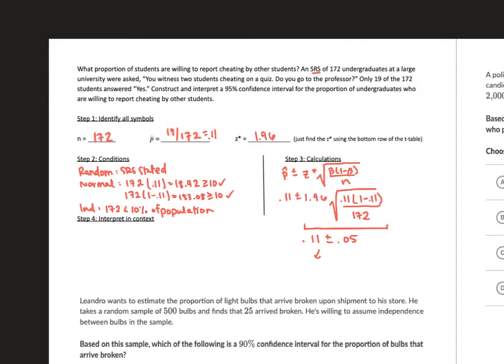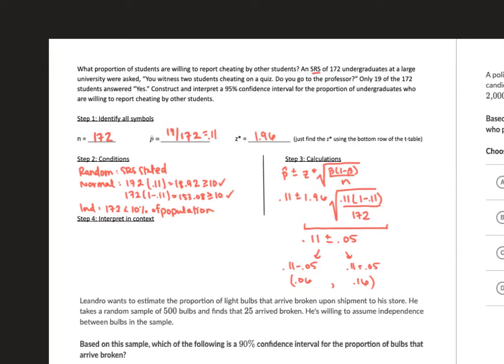So we're going to subtract. That's 0.06, and then we're going to add. That's 0.16. So here's our confidence interval.